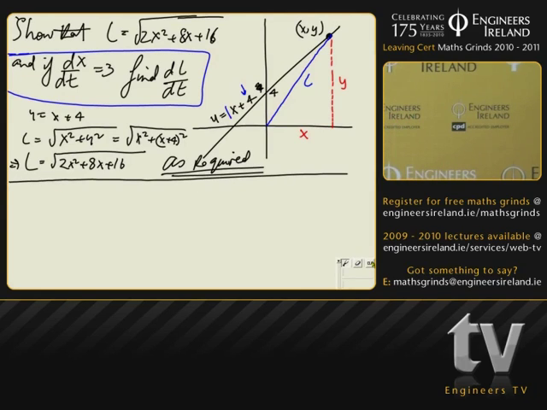We want to work out dl dt. Notice how we are in a situation where L is only known with respect to x. Now at this stage you can remember your chain rule. We could say dl dx.